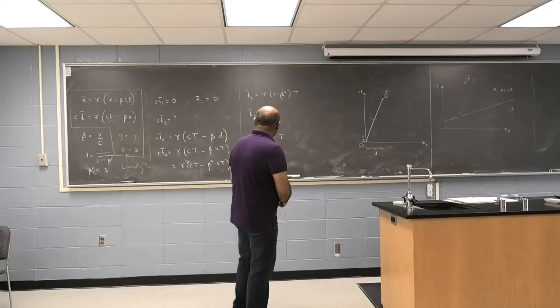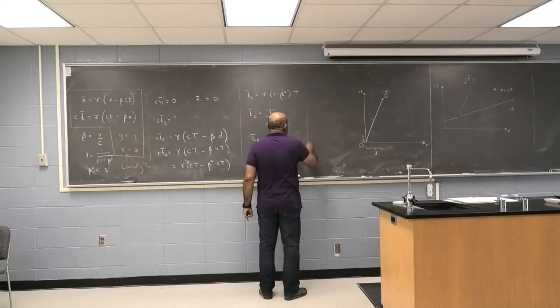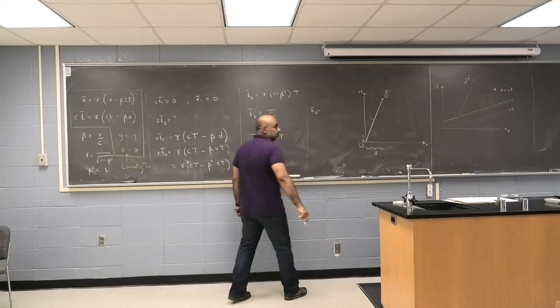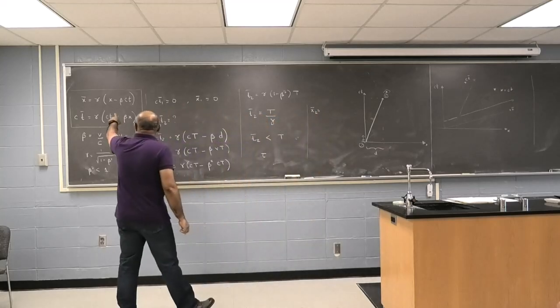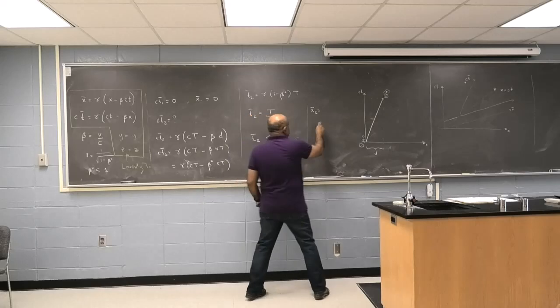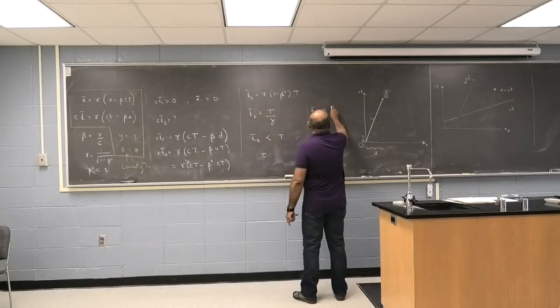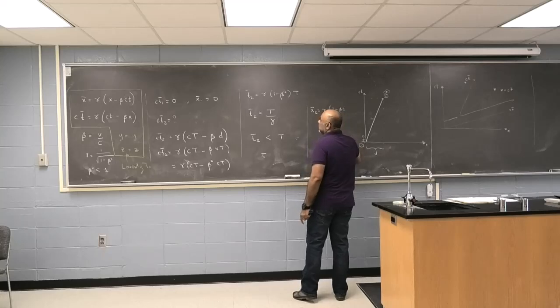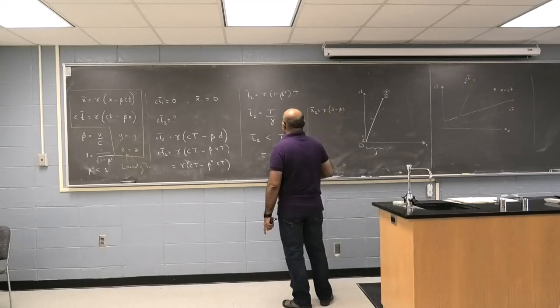Let's verify that. Let's do x2 bar. So that is gamma times (d minus v times t2). What was t2?